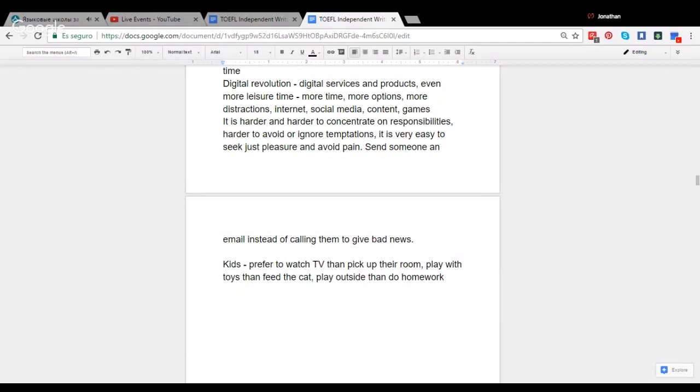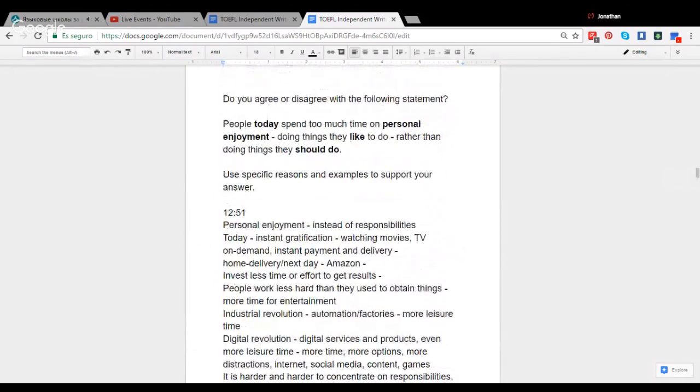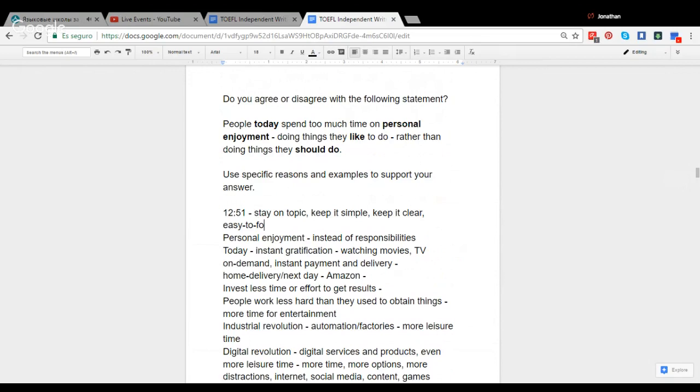I think I probably went into this way too much with technology and free time. So I would have to be very careful with this topic to not get off topic and not go too far into these tangents. So stay on topic, keep it clear, easy to follow, well organized, and well developed.